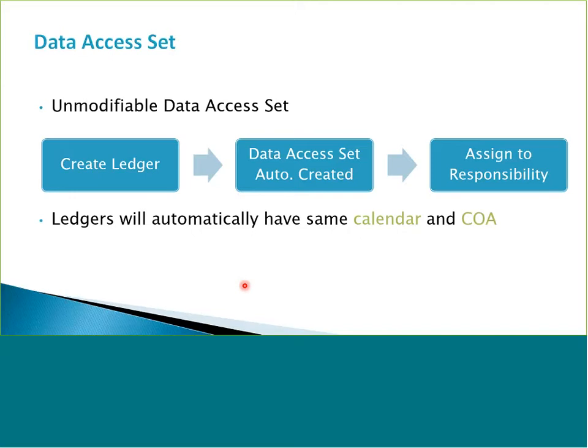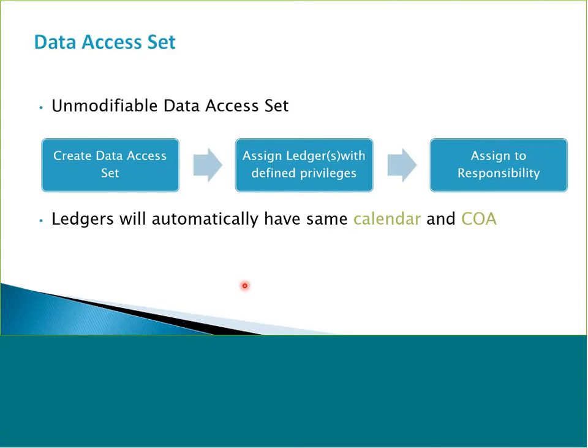But since they have the same name, it seems as if we are assigning the ledger. But in real sense, when we create the ledger, a data access set is automatically created, and then we assign this data access set to our responsibility at the profile options screen, and that way we are able to access our ledger.